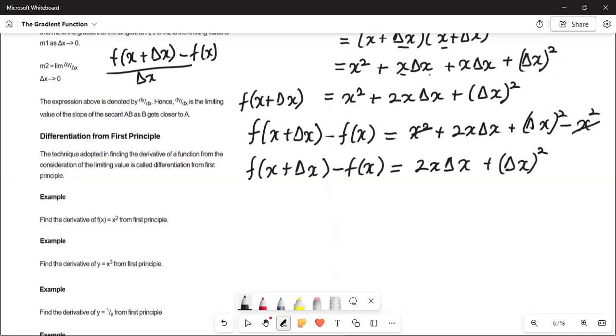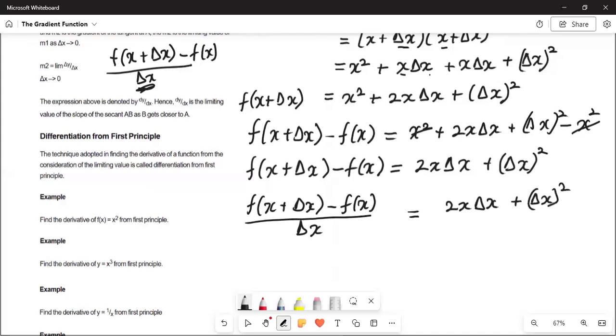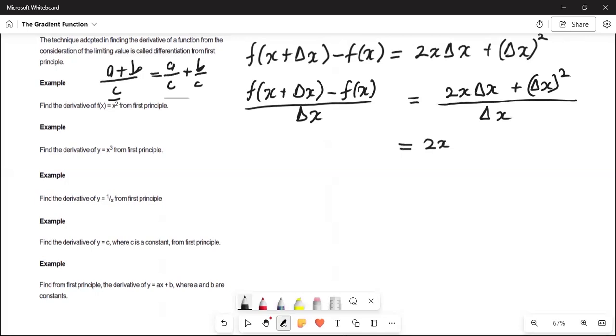So the next thing now is to divide both sides by delta x here, so that we can arrive at something like this. So f of x plus delta x minus f of x divided by delta x is equal to 2x delta x plus delta x squared divided by delta x. Since delta x is common to both of them, let's factorize it out.